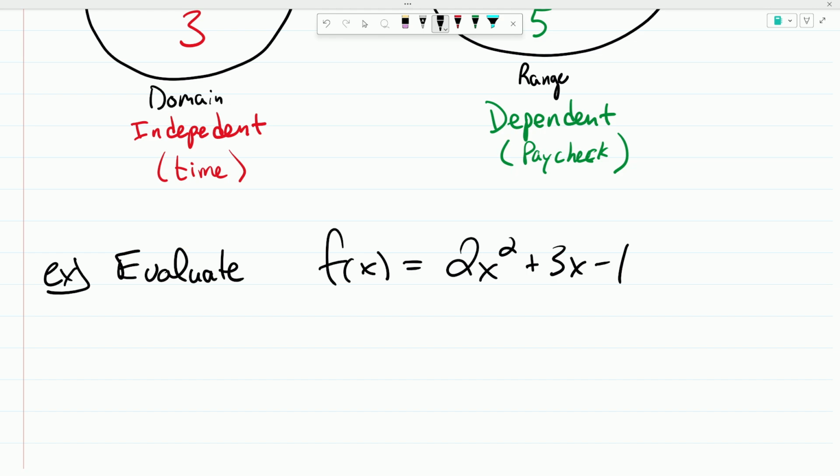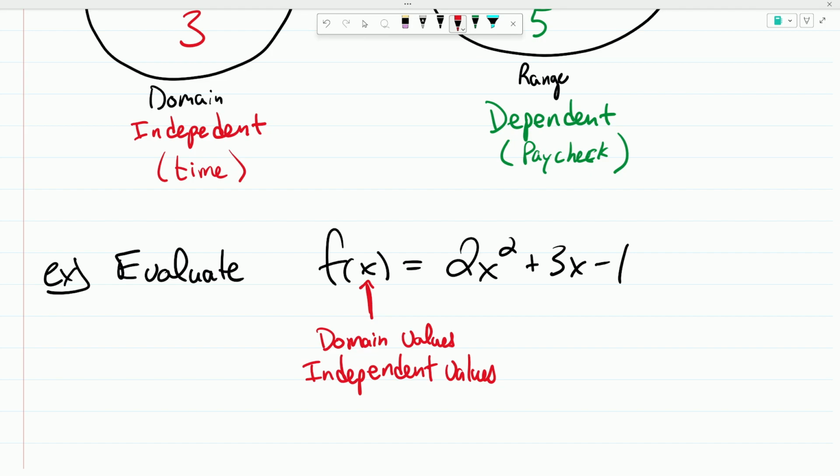All right. So here's what's happening here. This letter x right there inside of my function notation is going to be the domain values. In other words, they're going to be the independent values that we want to explore.